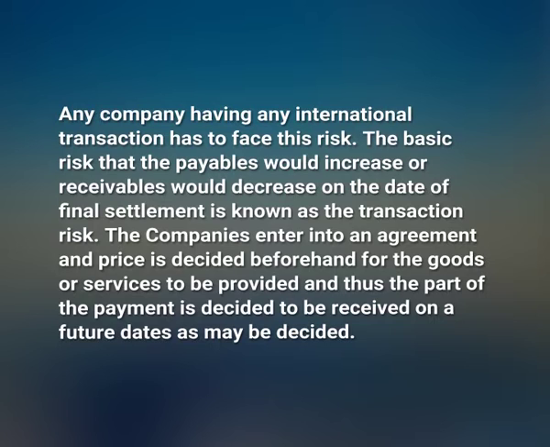The companies enter into an agreement and price is decided beforehand for the goods or services to be provided, and thus the part of the payment is decided to be received on a future date as may be decided. The dominating company would influence to get the invoice prepared or agreement finalized in its home currency.